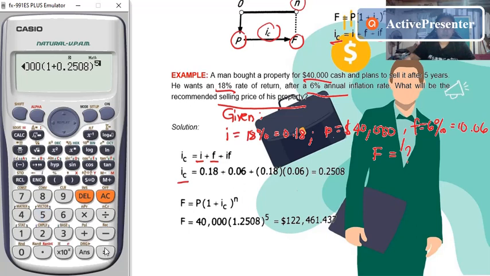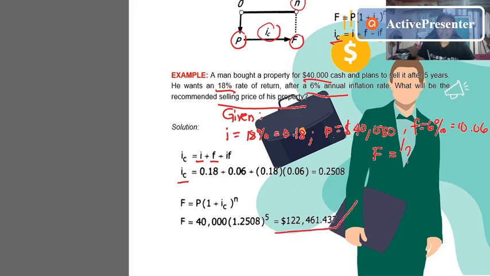So the recommended selling price of the property will be 122,461.437 US dollars. So this will be our final answer.